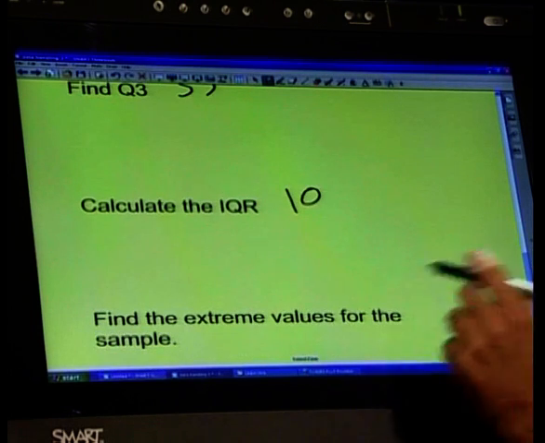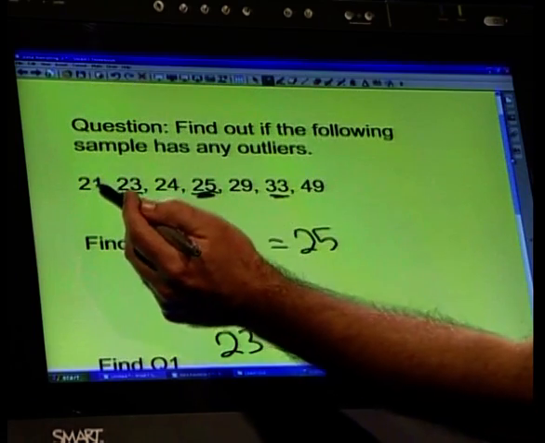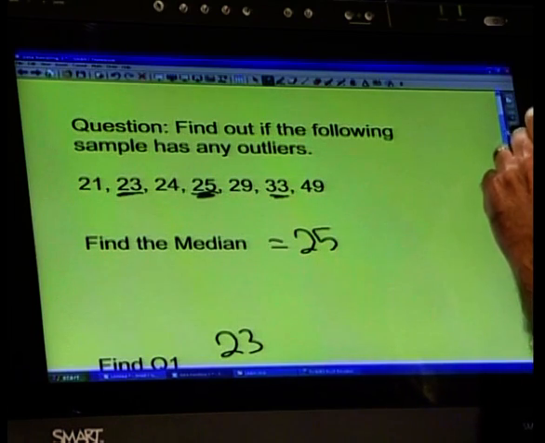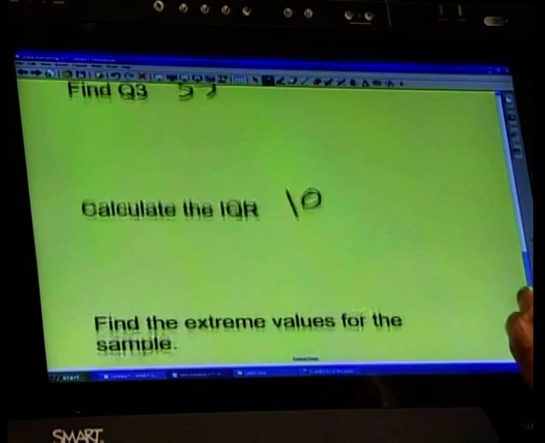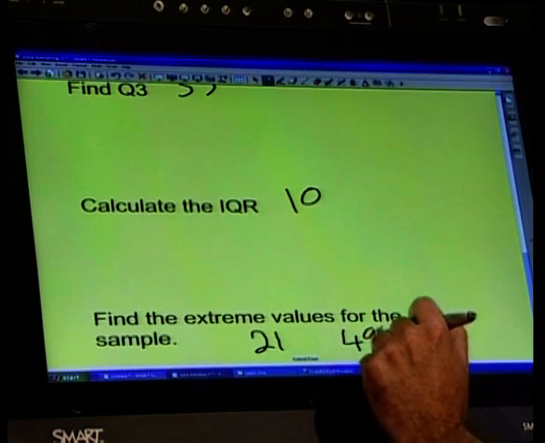What are the extreme values for our sample? Our lowest was 21. Our highest was 49. Let's go back and use that formula to see whether we do have an outlier in this sample or not.